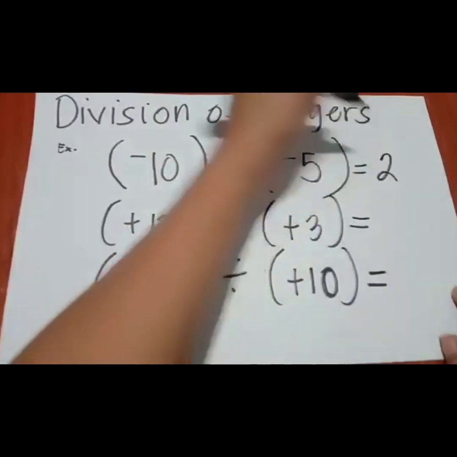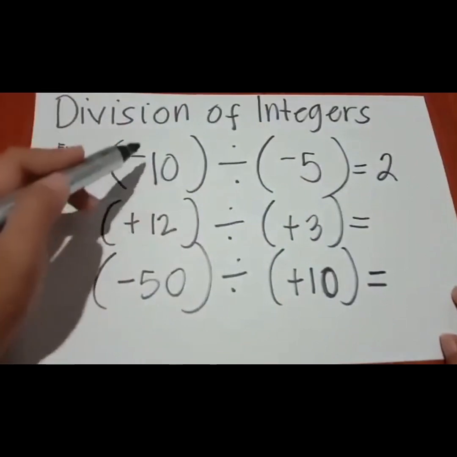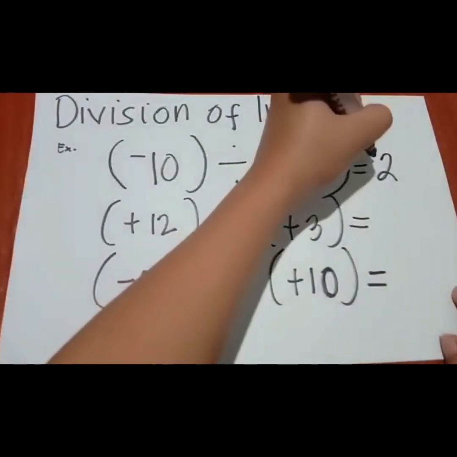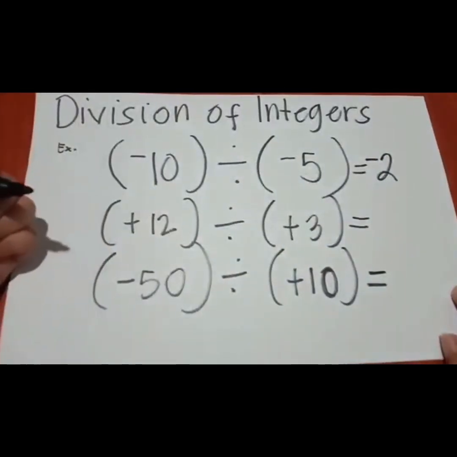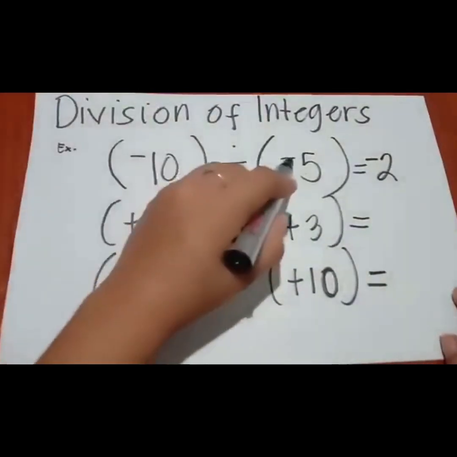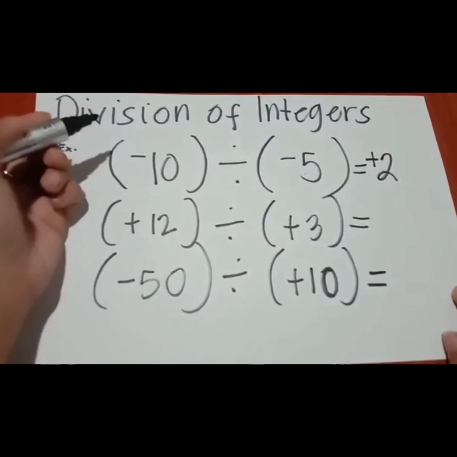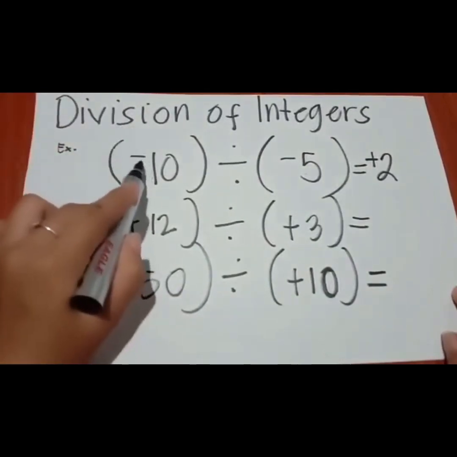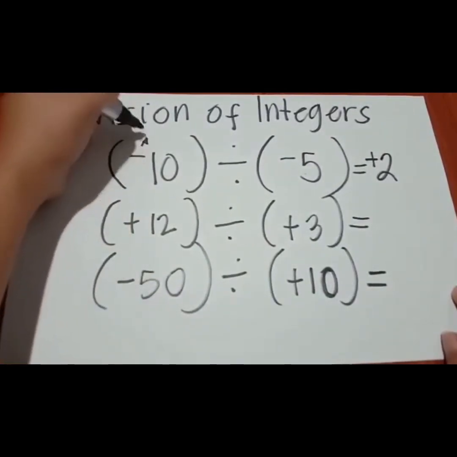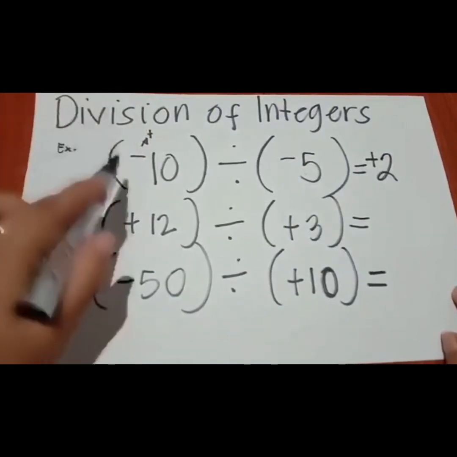And the negative into 10 becomes positive. And the answer is positive 2. Positive. And it became positive.